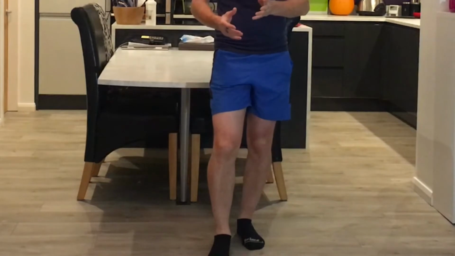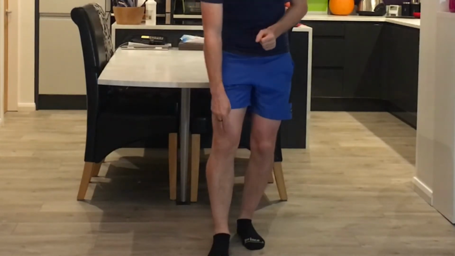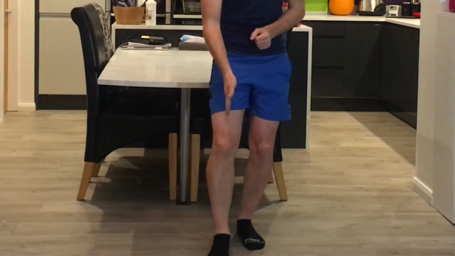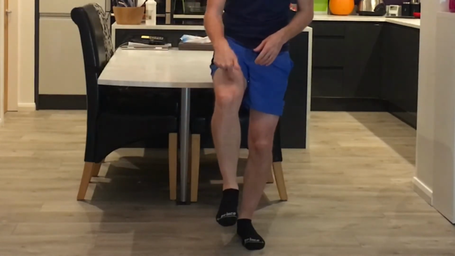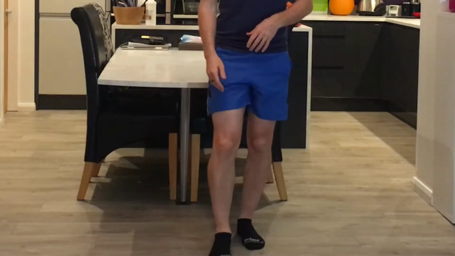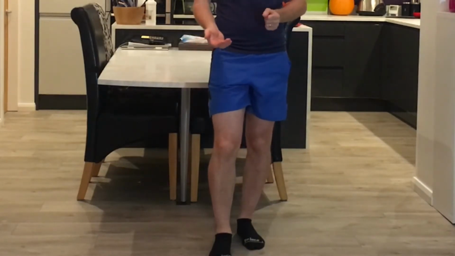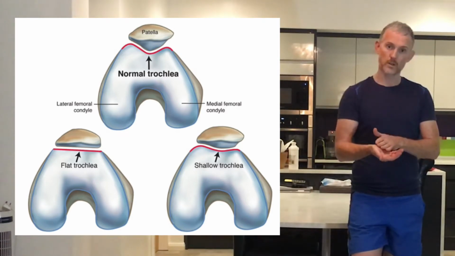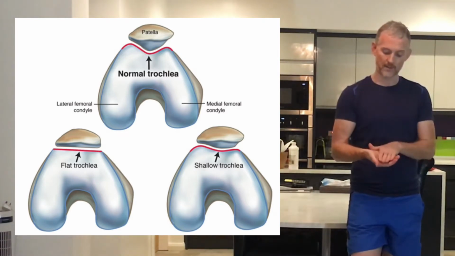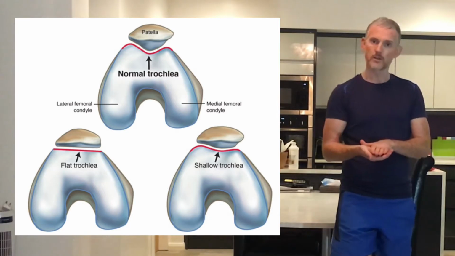The problem often arises from how this kneecap makes its way into the patellofemoral joint. Your patella is your kneecap, femur, so patellofemoral joint. That can be caused by numerous things. Sometimes the groove where the patella lives is a little bit shallower than in some people.